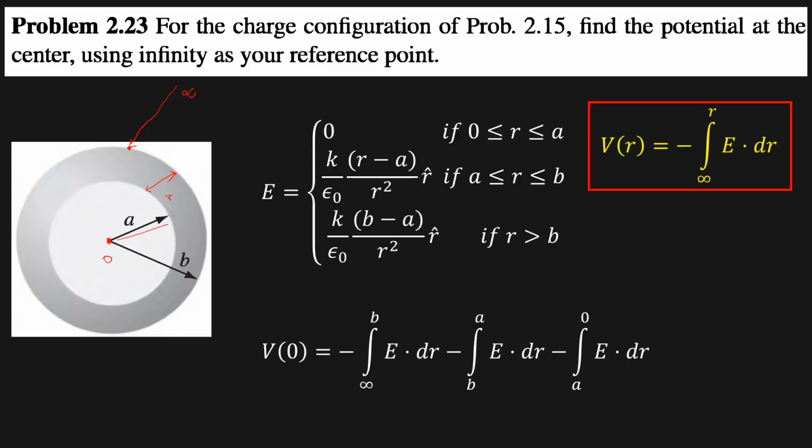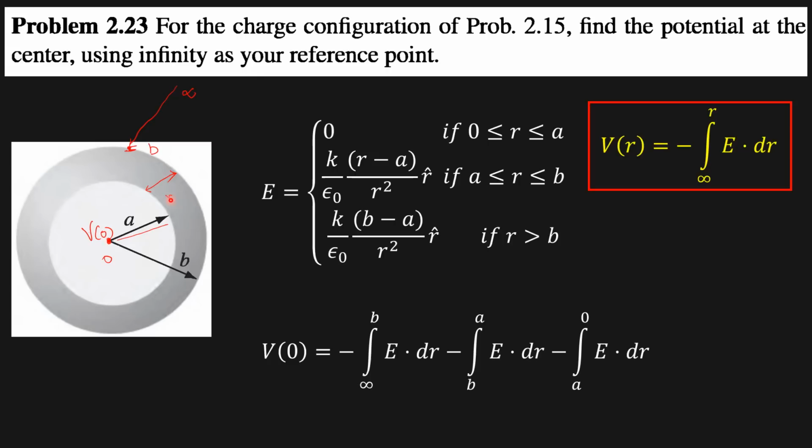V of 0 we have to calculate from infinity to 0. First take from infinity to the point b, the outer radius. That is the first integral: minus the integral from infinity to b of E dot dl.